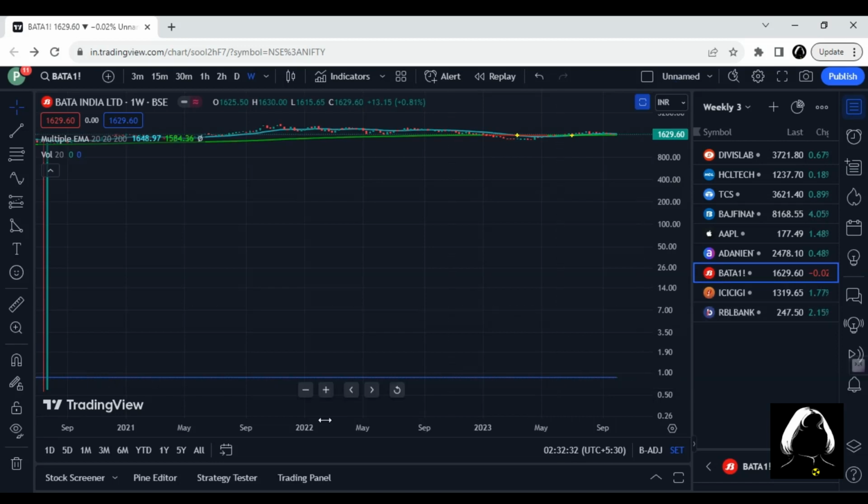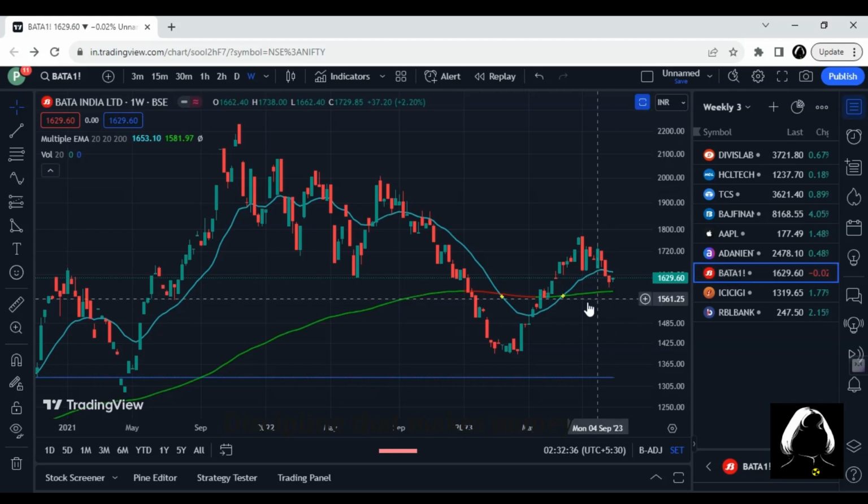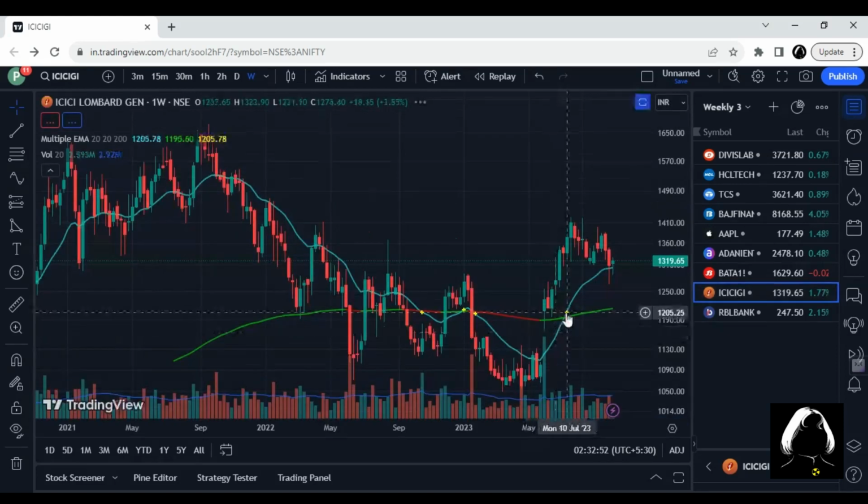There are two more stocks which recently gave a buy trigger. The first one is Bata, with a very good news of Bata starting the clothing business along with the footwear business. And the second stock is ICICI Lombard. This has also recently given the trigger.